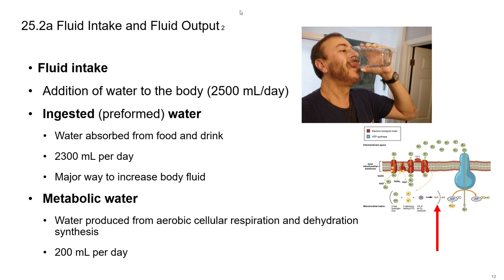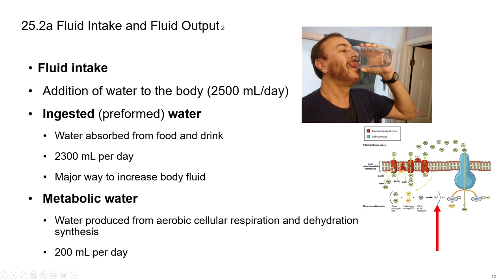You can also have what's called metabolic water, and this is water that is produced naturally in your body that you are not actively ingesting, right? The graphic down to the right is showing some of this metabolic water. This is a byproduct of cellular respiration. We'll talk about it in the future, but this is something called oxidative phosphorylation and the electron transport chain.